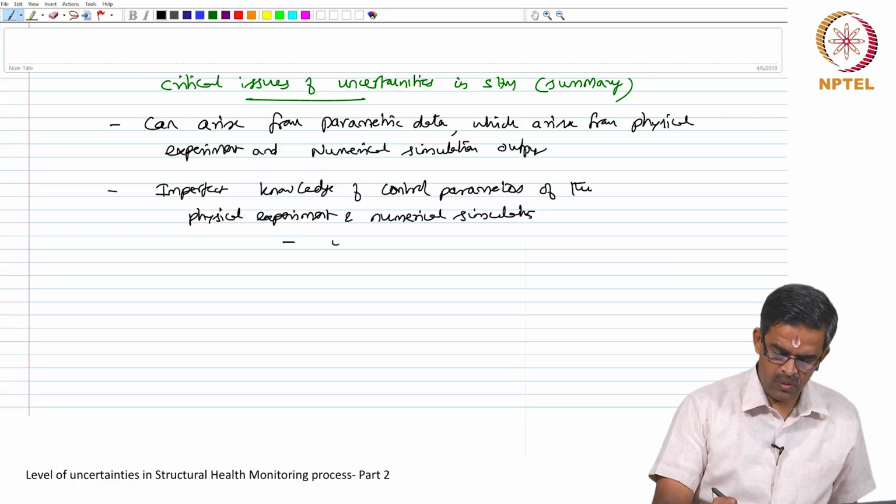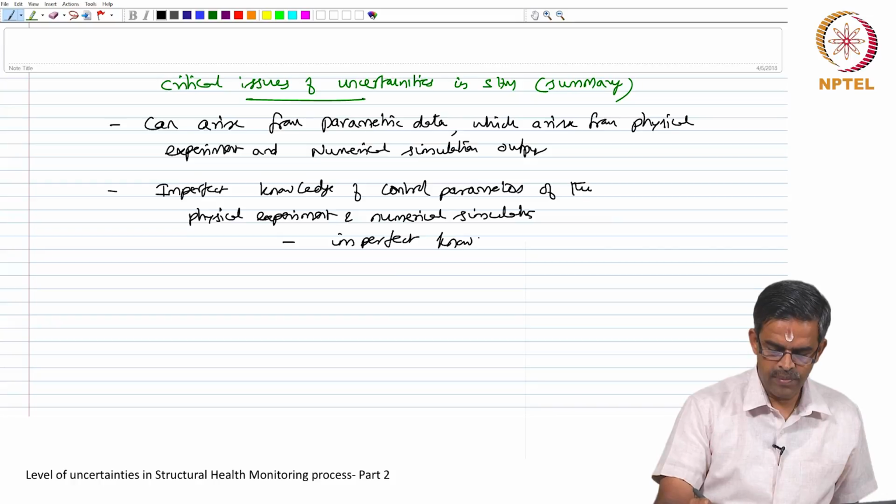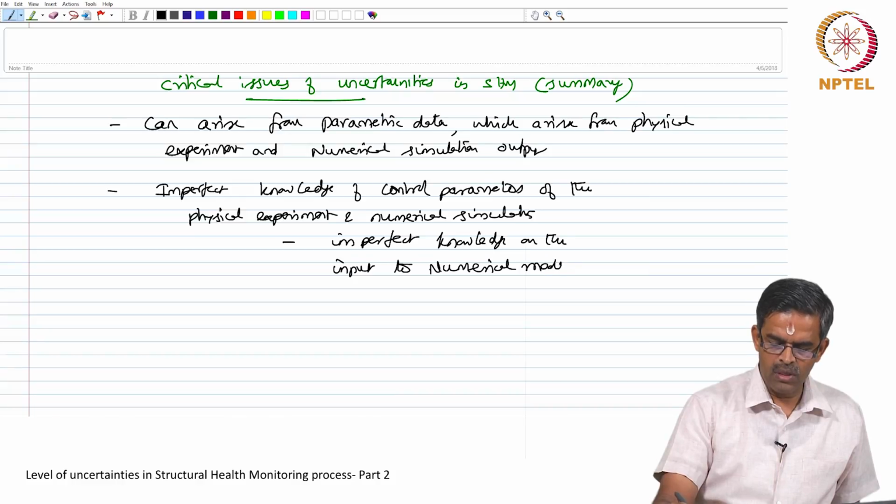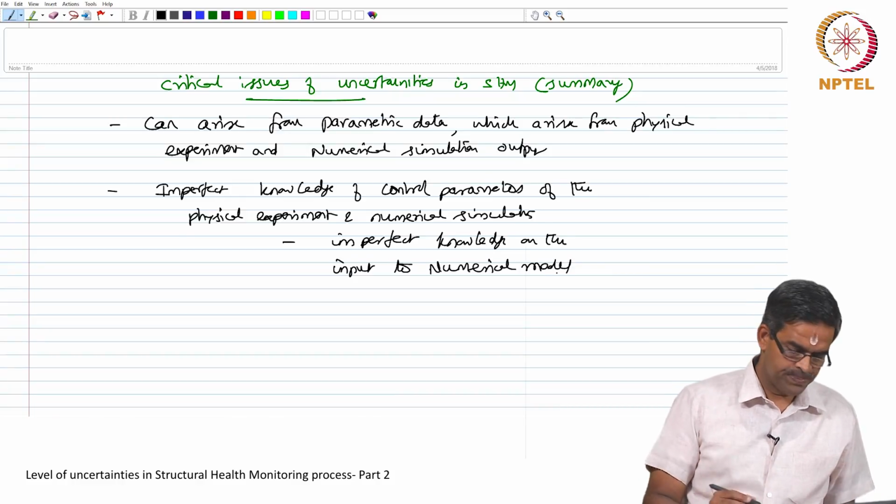It can also add to imperfect knowledge on the input numerical model, because you do not have a clear idea about the input numerical model.